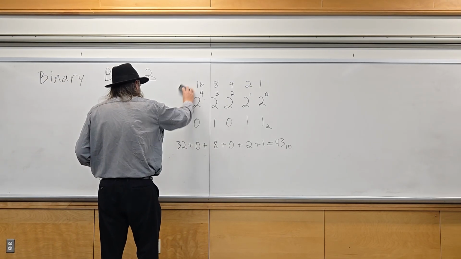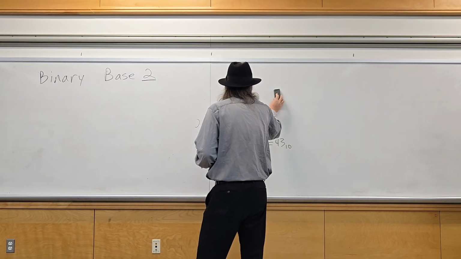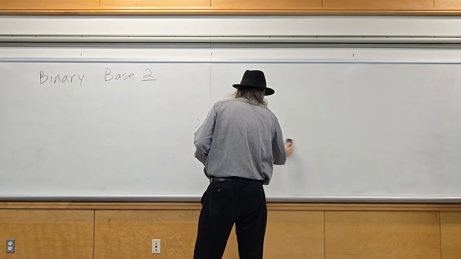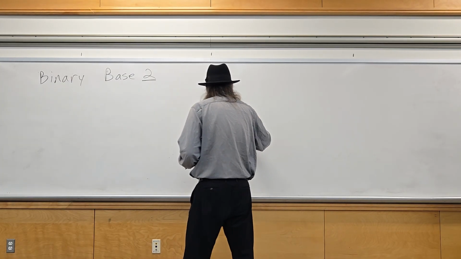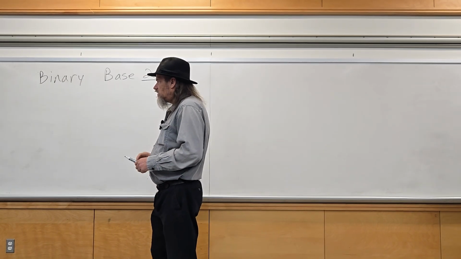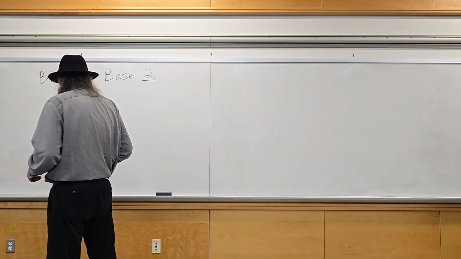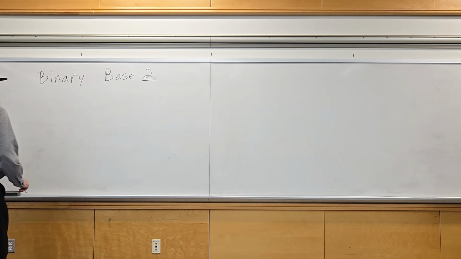How do we represent negative numbers? Well, in decimal, you just put a negative sign in front of it. That doesn't work with binary because computers don't recognize the negative sign in their circuitry.